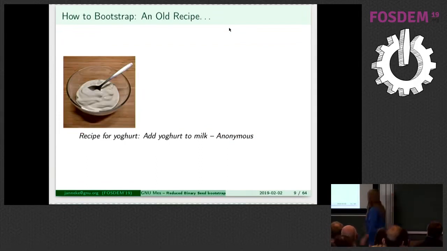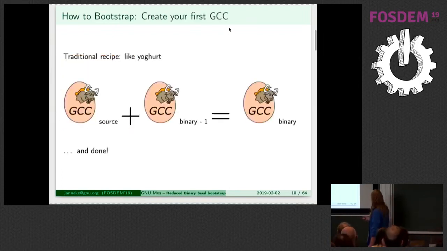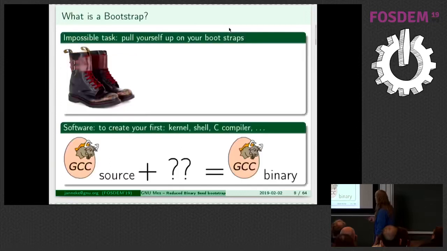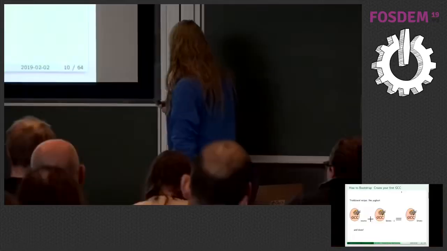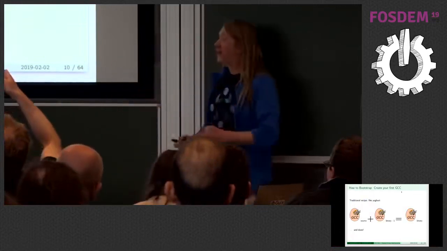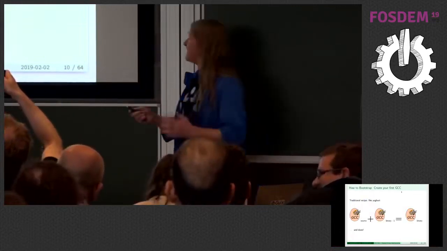You can think of the source code as milk, and you add a bit of yogurt, and you create more yogurt. So actually, all we have to do, if we want to create the next version of GCC, is just use GCC, and we're done.